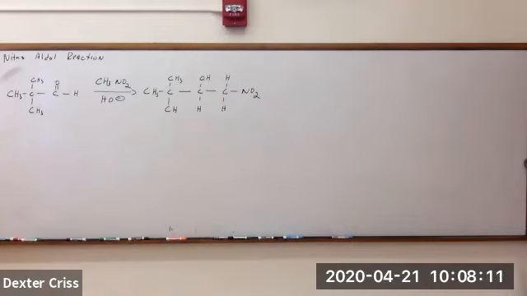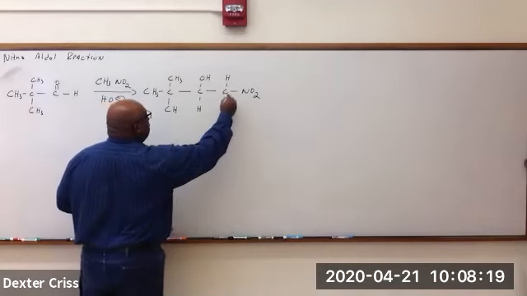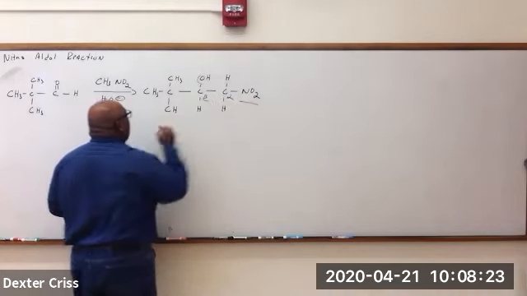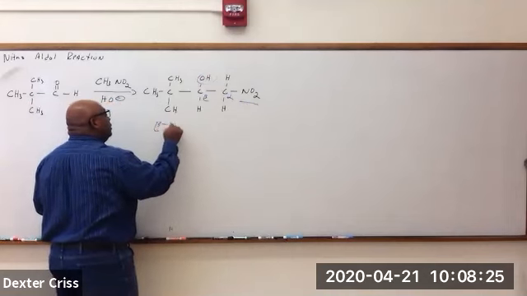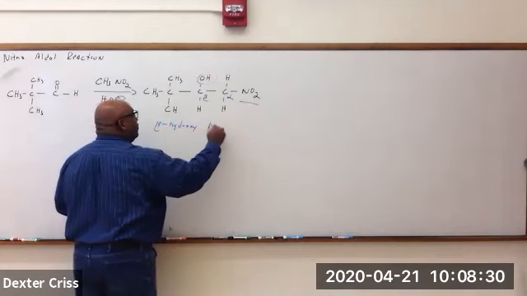What happens here? Anybody know? This carbon is alpha to the nitro group. That carbon is beta. So I have my beta hydroxy nitro compound.